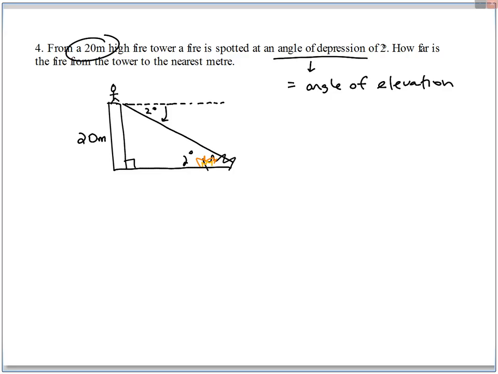How far is the fire from the tower? Well, most likely from the foot of the tower, but it's not especially clear. If they said how far is the fire from the top or how far from the bottom, they should say that. This question's weak. It's not your fault if you get this one wrong. I would give you the mark for both. If you found the height, I would give you the mark because it's not specific.